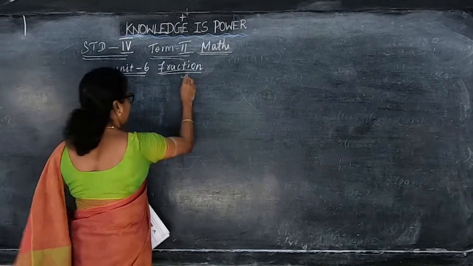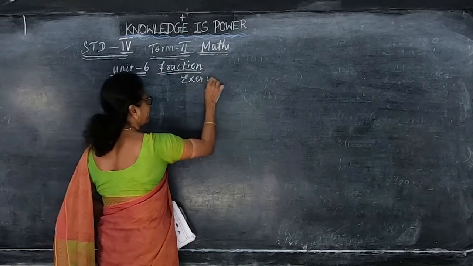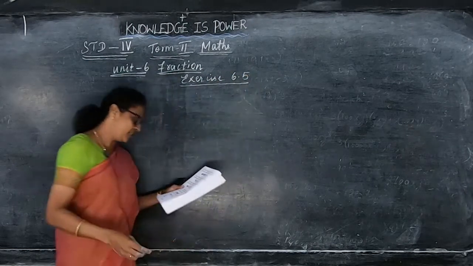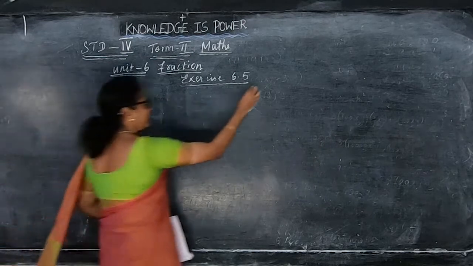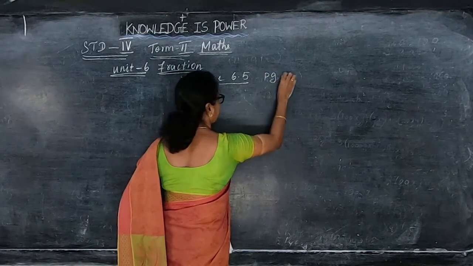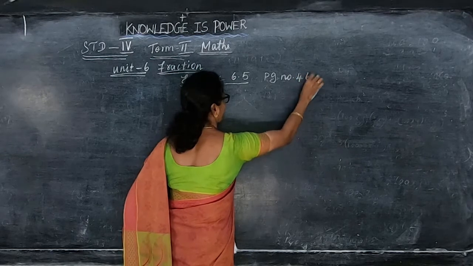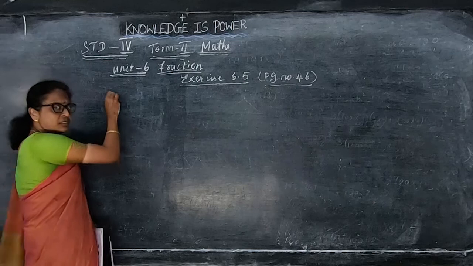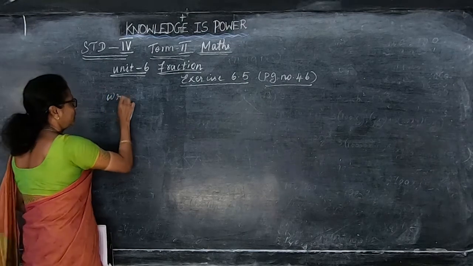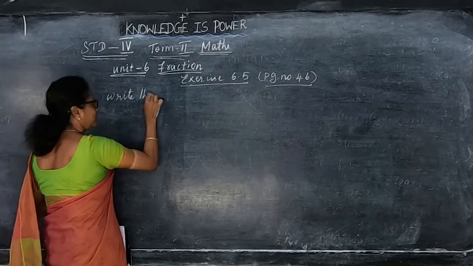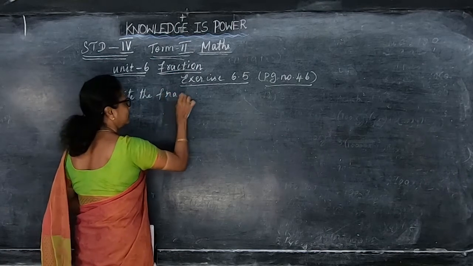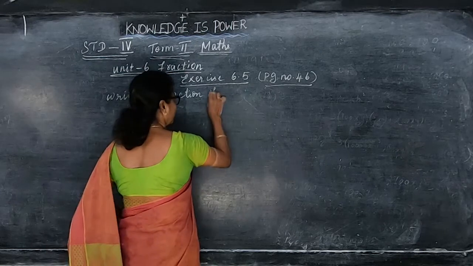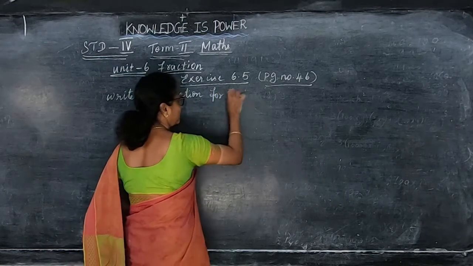So, exercise 6.5, page number 46. Write the fraction for the shaded portion.